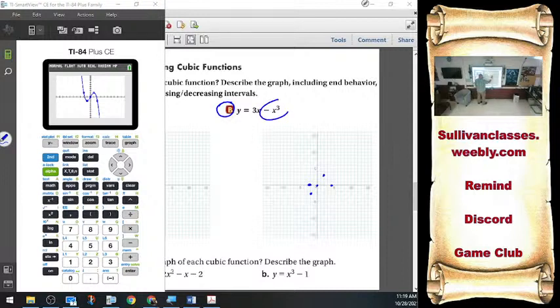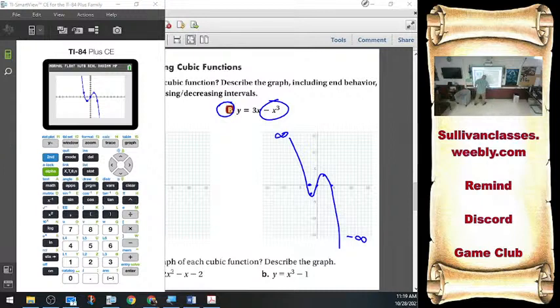But if I know my leading term, my end behavior, I know that this has to start up at infinity and end at negative infinity. So it must come down through there to get to my end behavior. So you plot the points that you can find, and then that.